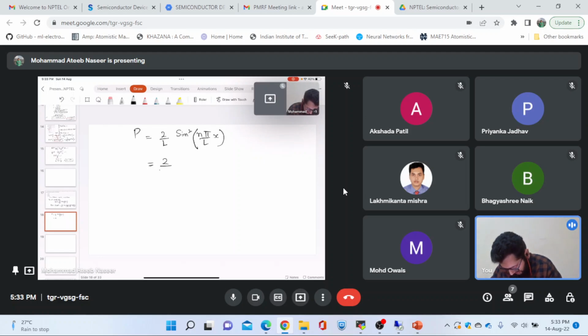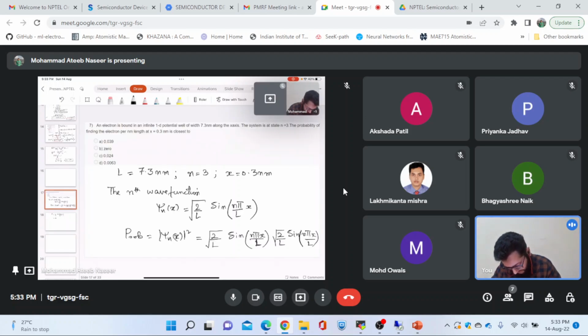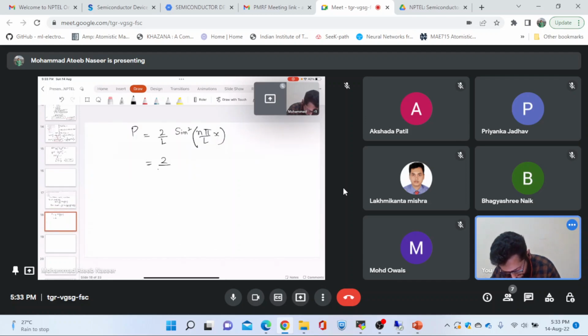L is given to be equal to 7.3 nanometers, that is 7.3 into 10 raised to power minus 9 meters, sine squared, n is given to be equal to 3, pi by L, 7.3 into 10 raised to power minus 9, and x is given to be equal to 0.3 nanometers.